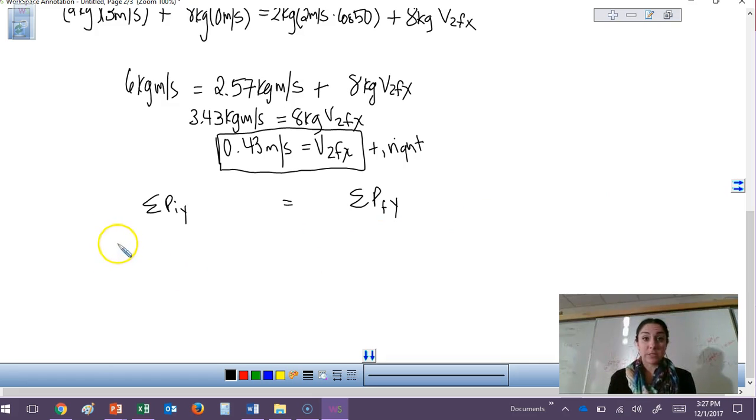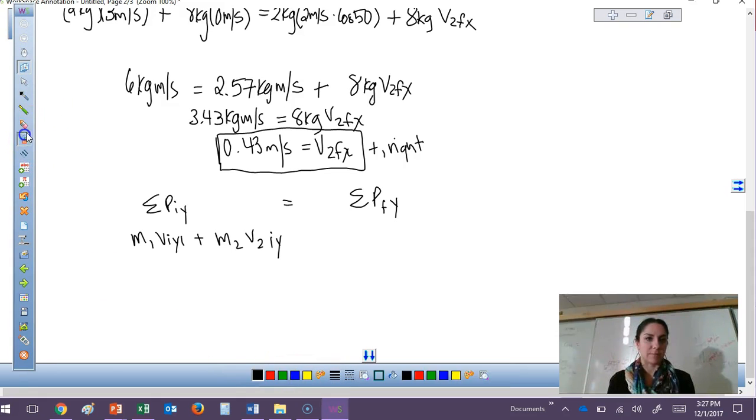So it looks like this. We'll do it first as a mathematical expression. So M1, V1, y initial, plus M2, the second velocity's initial y component. So let me just be consistent. I like it written better like that. It means the same thing.